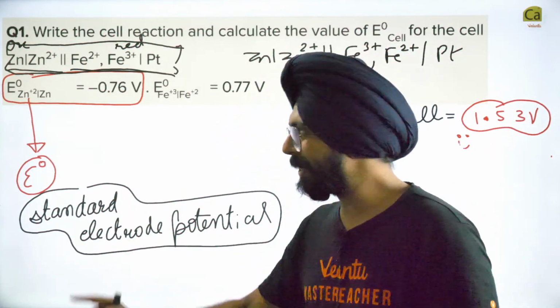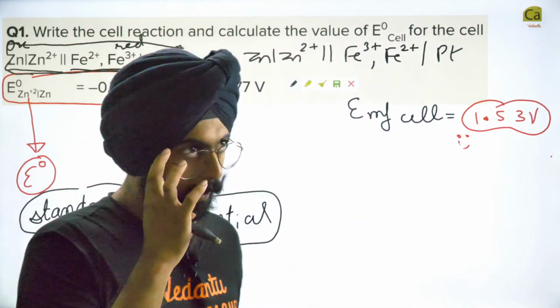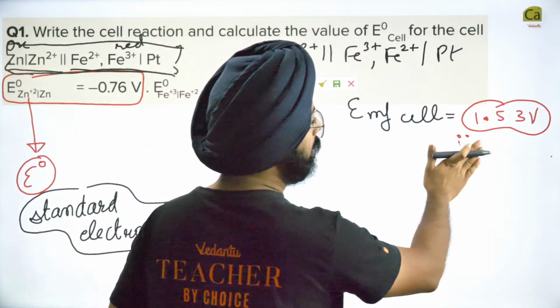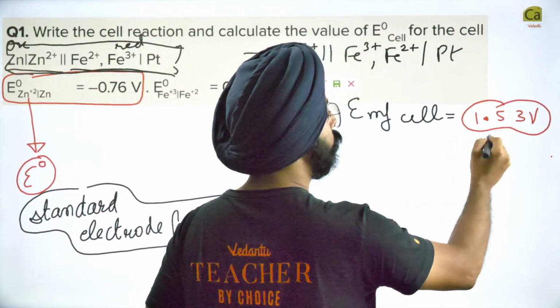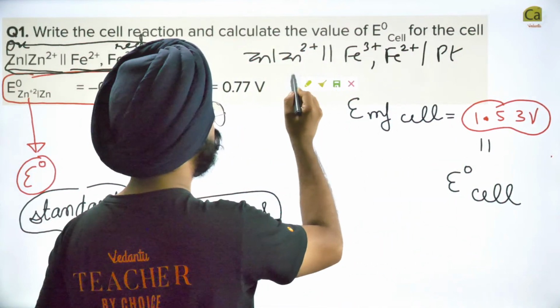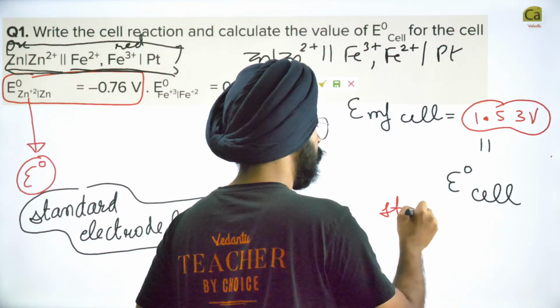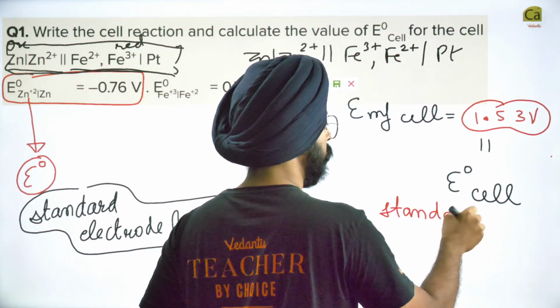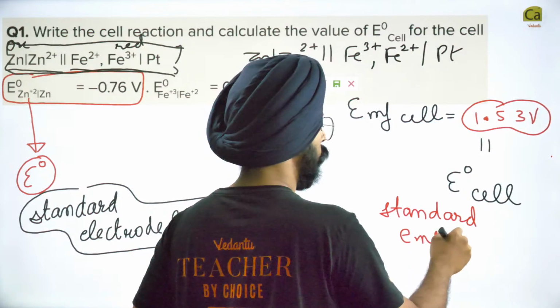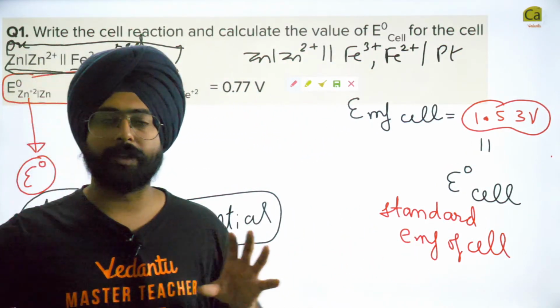And when you use standard electrode potentials to calculate the final value, this should be written as E naught of the cell. What is E naught of the cell? This is basically the standard electromotive force, standard EMF of the cell under standard conditions of temperature and pressure.